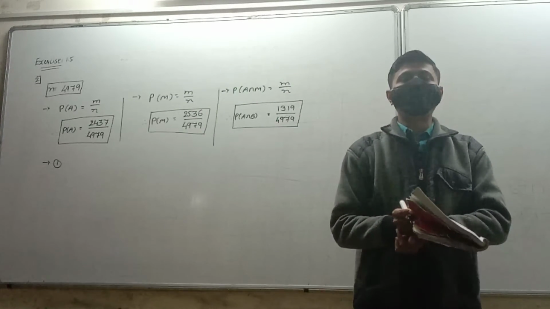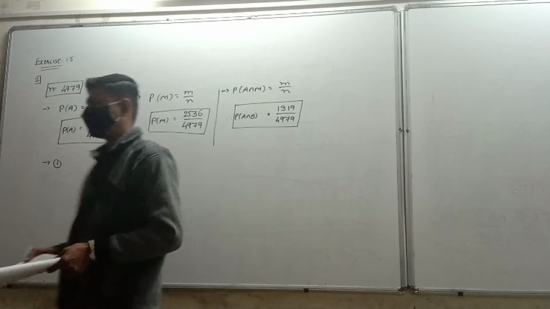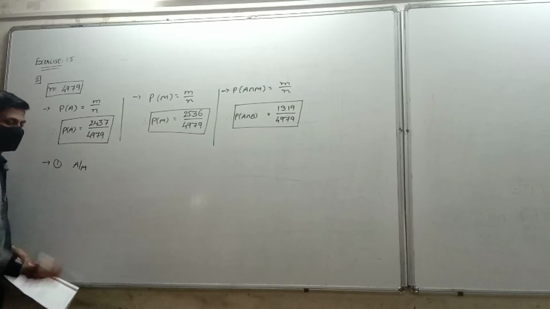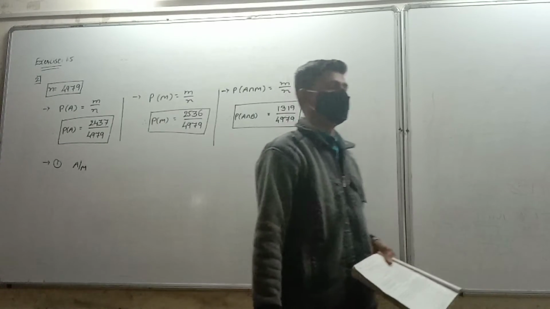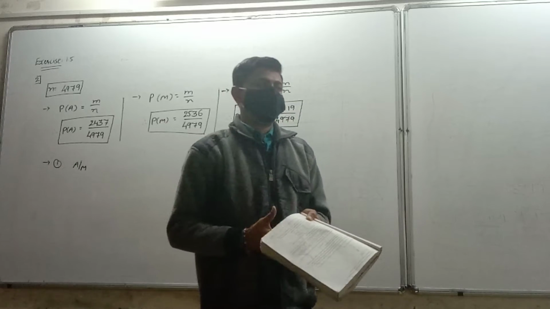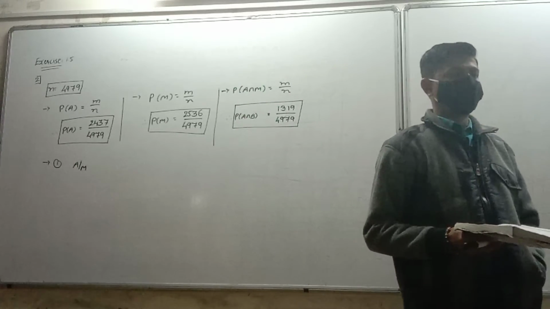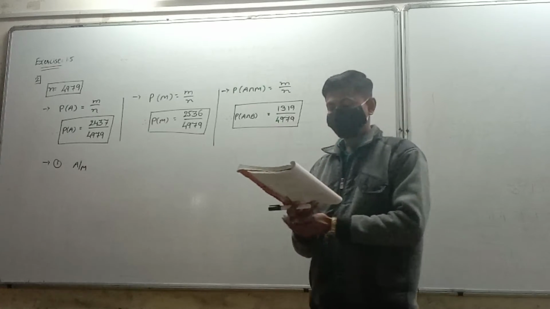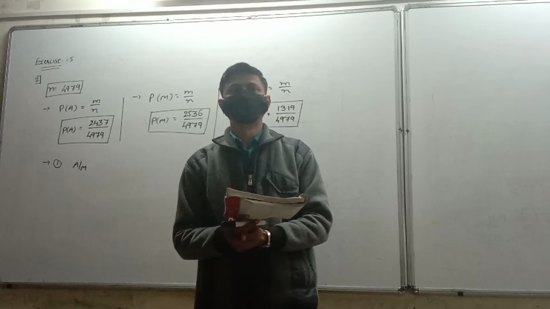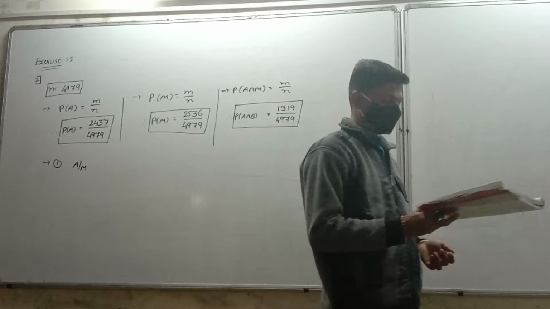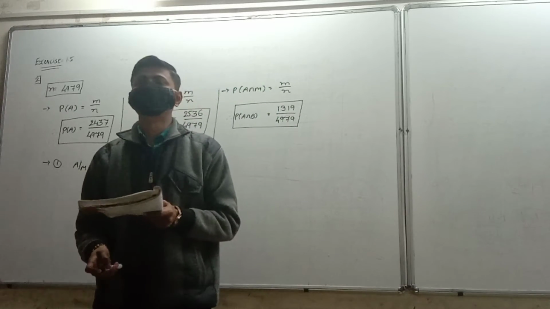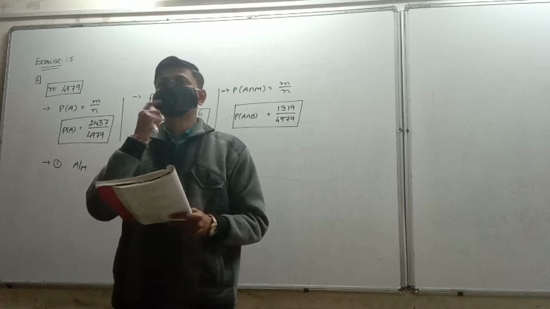It means A given that of capital M. Write down event A given that of M is equal to if this voter is a male, then he is a supporter of party A.